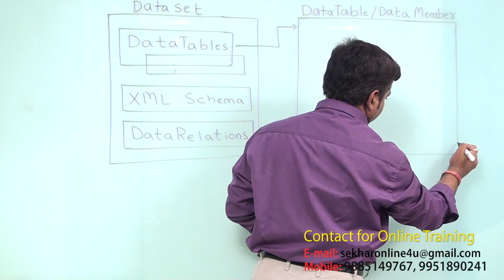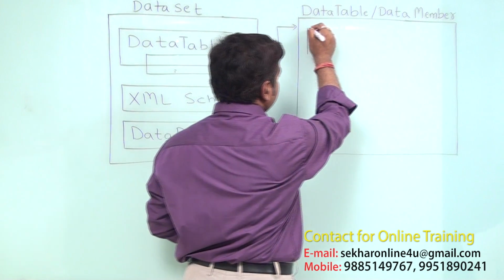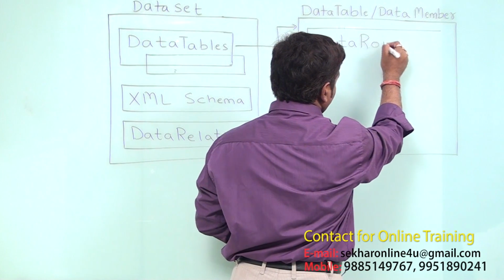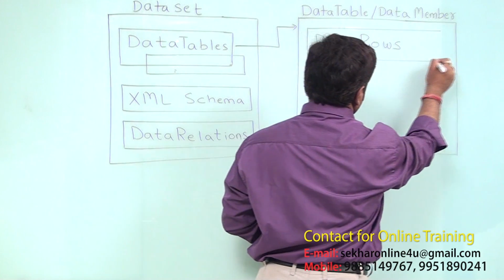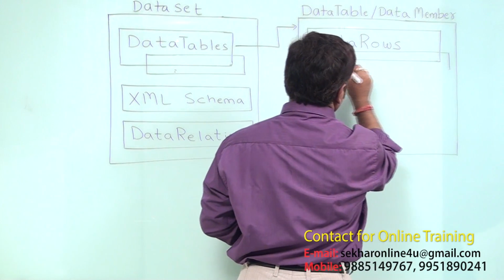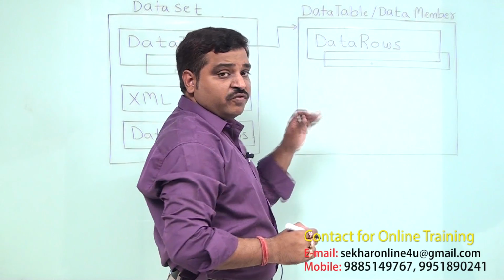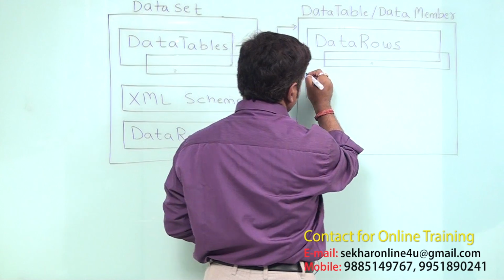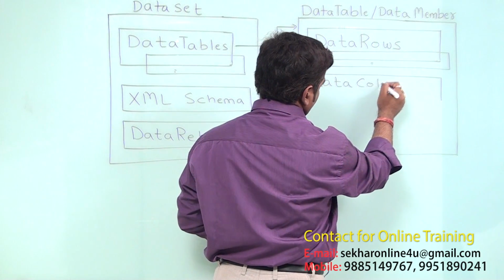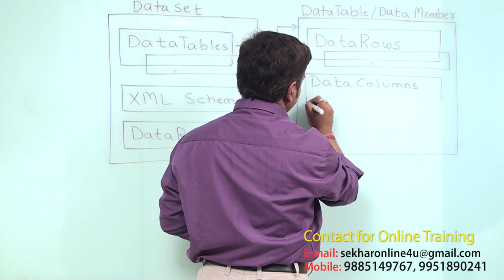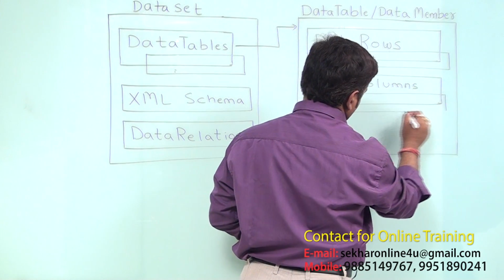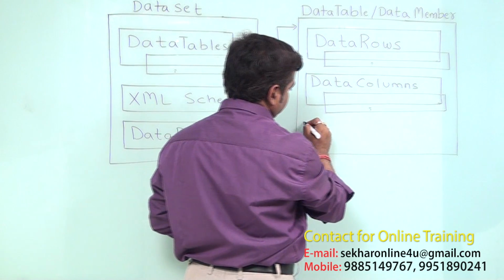When I observe this data table, it can consist of a collection of data rows, data columns, and constraints.